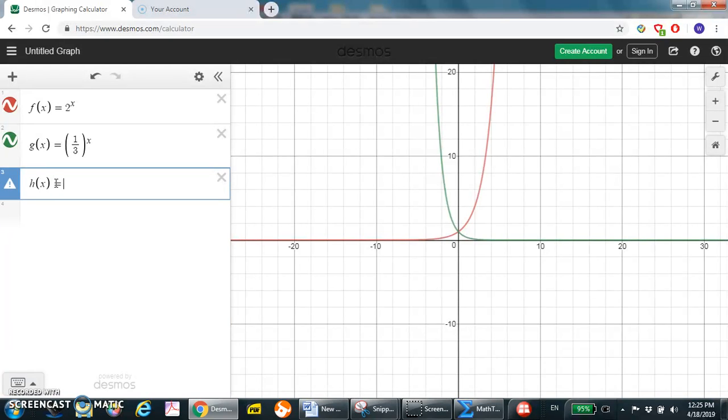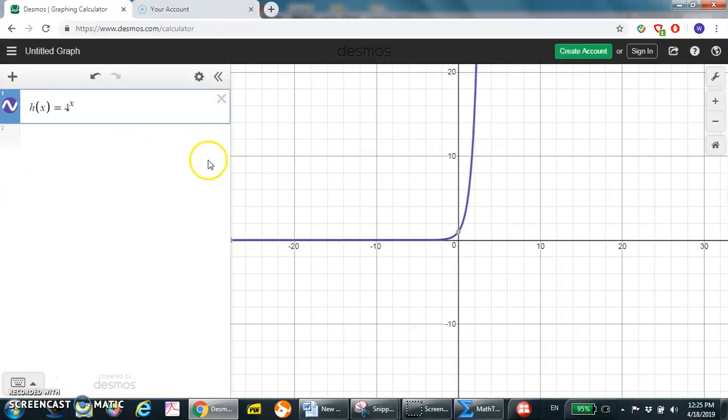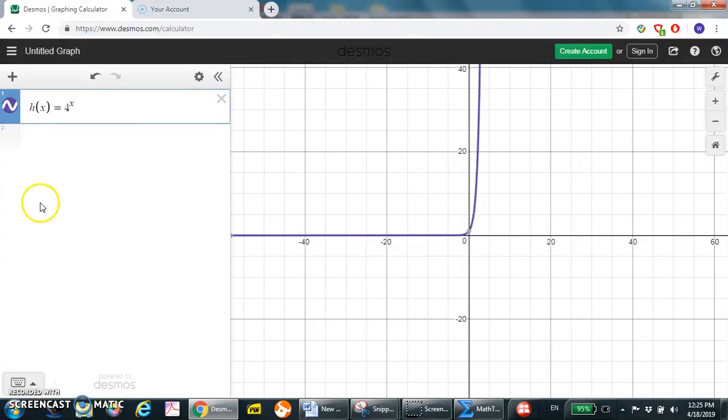Let's say I want to graph the function 4 to the x. Because the base is 4, it's greater than 1, so before I graph the function, we can anticipate the function is an increasing function. The graph goes up to the right.